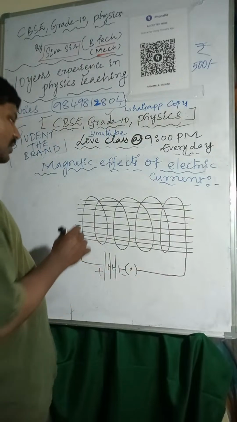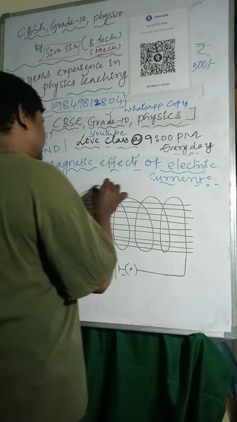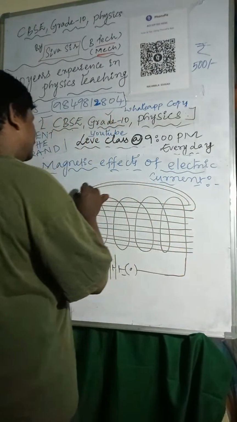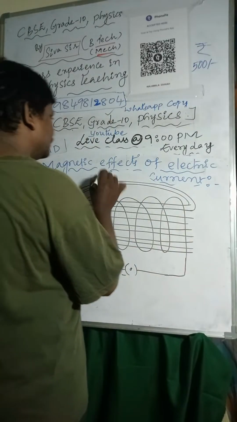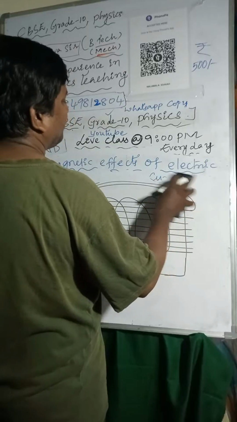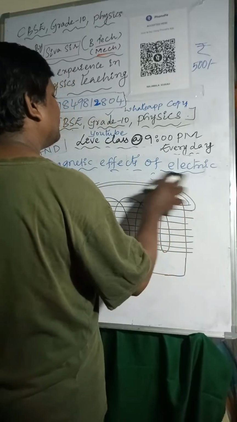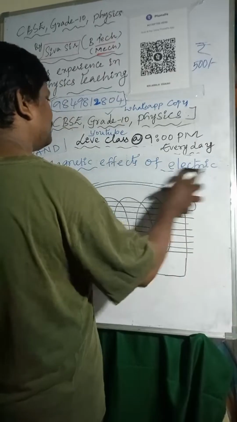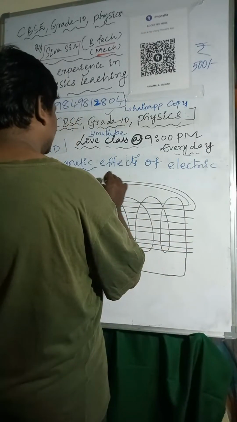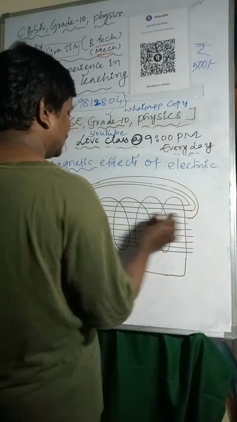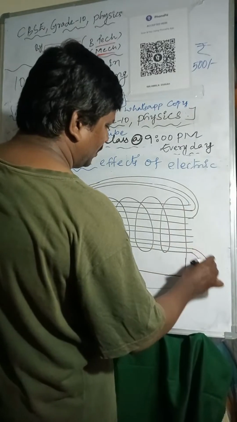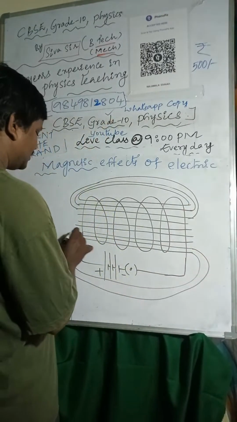9 lines. So 3 lines at the top, and 3 lines at the bottom.